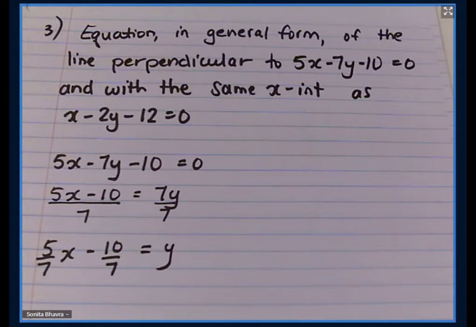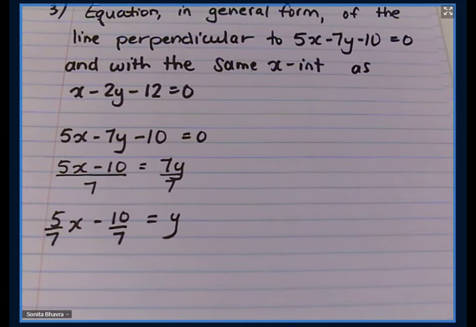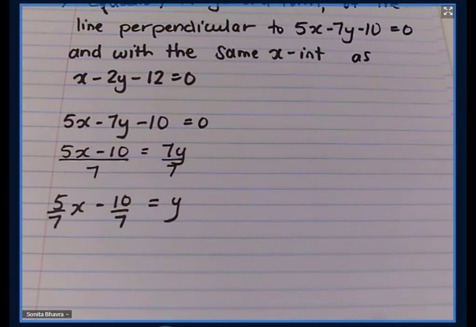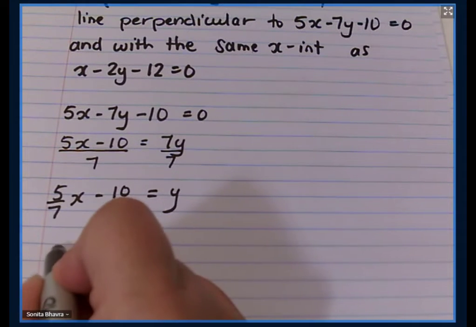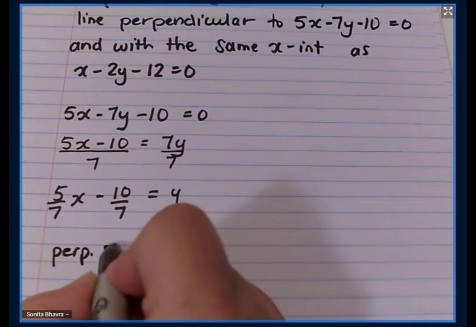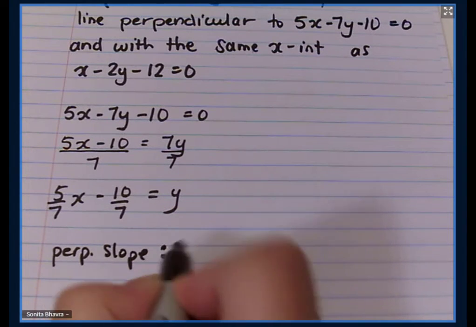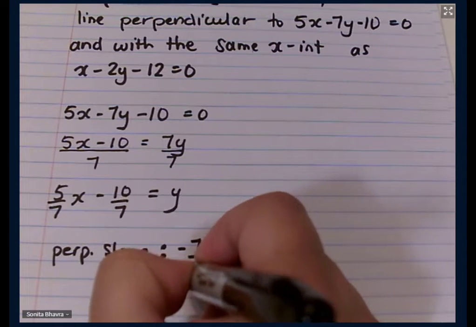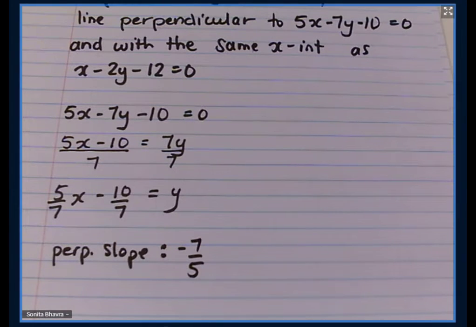So that's our y equals mx plus b form. Our slope here is 5 over 7. So the perpendicular slope will be the negative reciprocal, so negative 7 over 5. All right, so we have our slope.